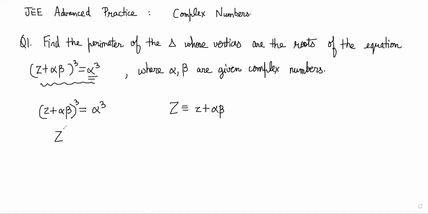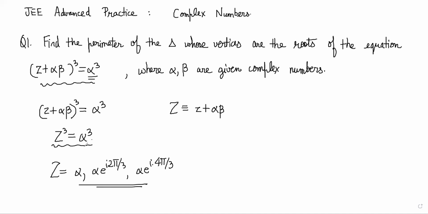Then we have an equation like this: Z³ = α³, right? Now the roots of this equation will be Z = α, α e^(i2π/3) and α e^(i4π/3), because these are the cube roots of alpha cube, right?